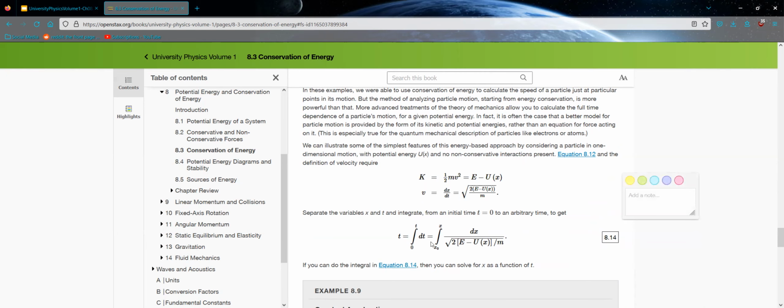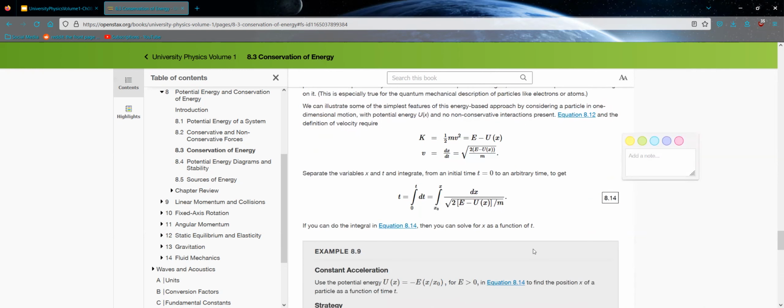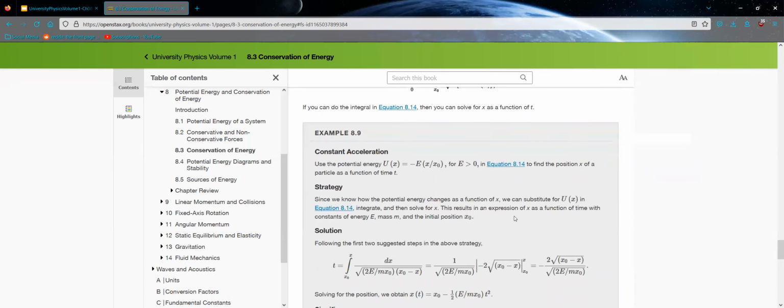So if we take that whole conversation there, we separate the variables x and t and integrate along time t, given a distance change, x naught to x, we land on a very big looking equation relating our change in position to our time based on our total energy and our potential energy being used.